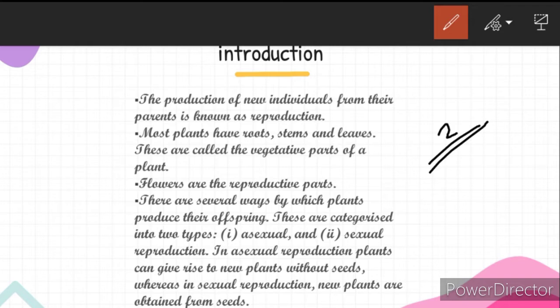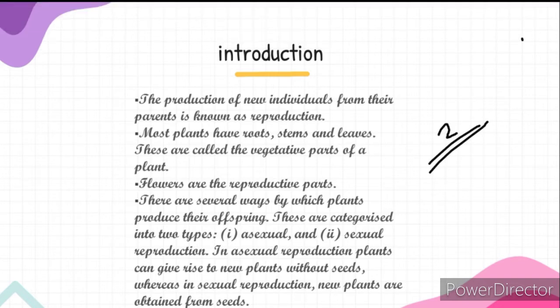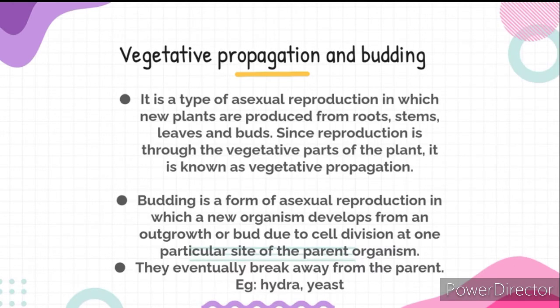So this is the difference between asexual and sexual reproduction in plants. In general, asexual reproduction is the reproduction in which only one parent is involved, while sexual reproduction is the reproduction in which two parents are involved.